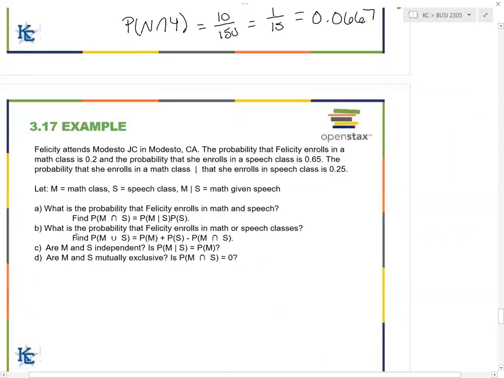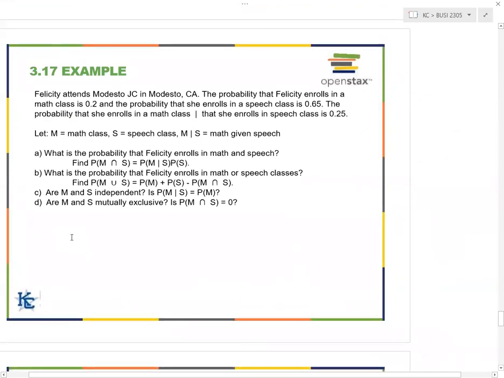All right, let's look at 317. Felicity attends Modesto JC in Modesto, California. The probability that Felicity enrolls in a math class is 0.2, and the probability that she enrolls in a speech class is 0.65. The probability that she enrolls in a math class, given that she enrolls in a speech class, is 0.25. What is the probability that Felicity enrolls in a math and speech?